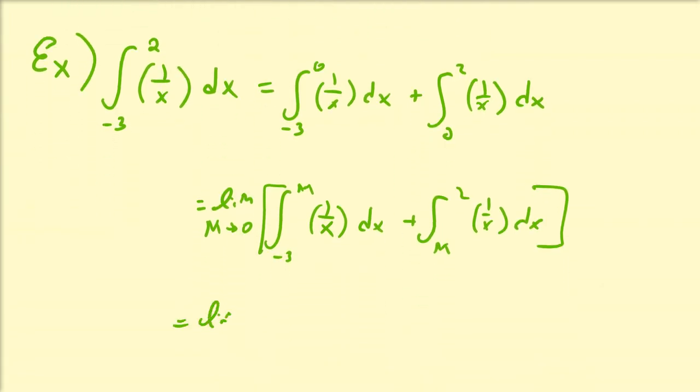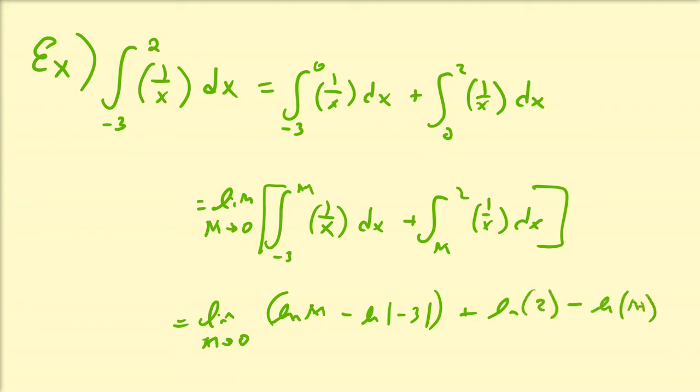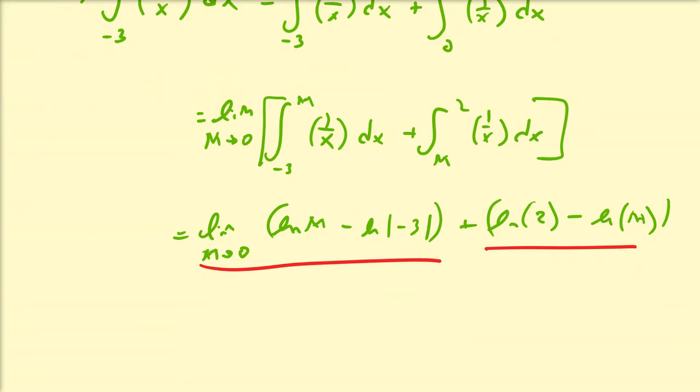So this is going to be equal to the limit as m goes to 0 of the natural log of m minus the natural log of the absolute value of -3 plus the natural log of 2 minus the natural log of m. If we look at just these independent limits, this is going to be equal to -infinity minus the natural log of 3, and the natural log of 2 minus -infinity.